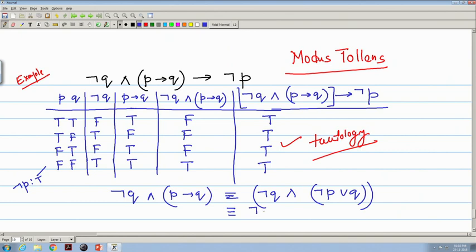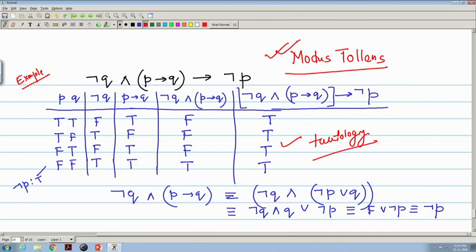So, I can give negation Q and Q, this can be commutative, or negation P, which is equivalent to F or negation P, which is equivalent to negation P. So, again we can combine all these rules and we make its modus tollens.